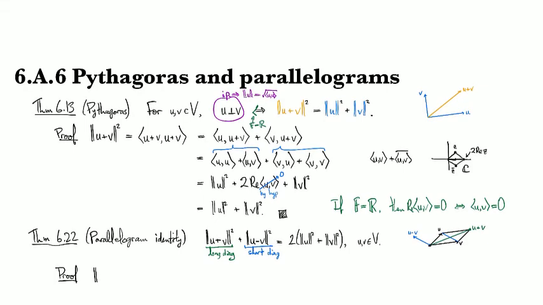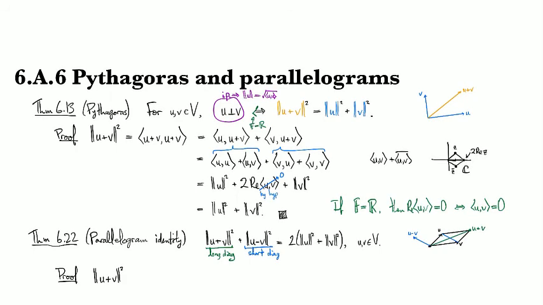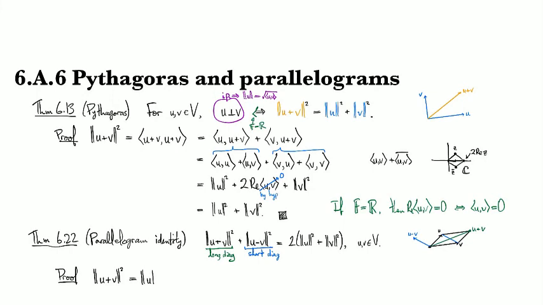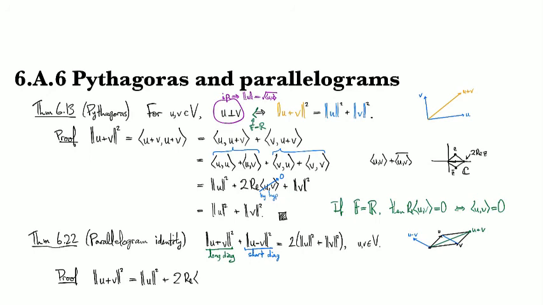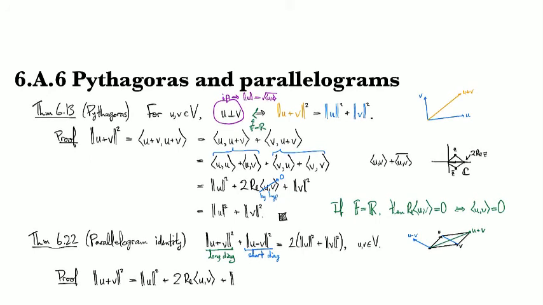So in the Pythagorean theorem proof, we had u plus v quantity's magnitude squared, and we saw that gave us magnitude u squared plus 2 times the real part of uv plus the magnitude of v squared.